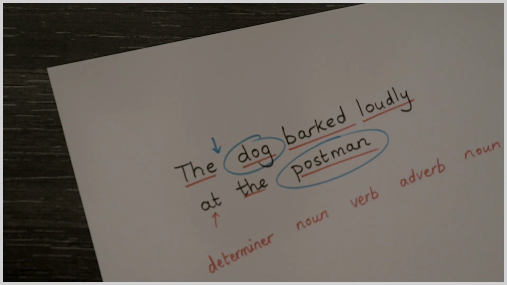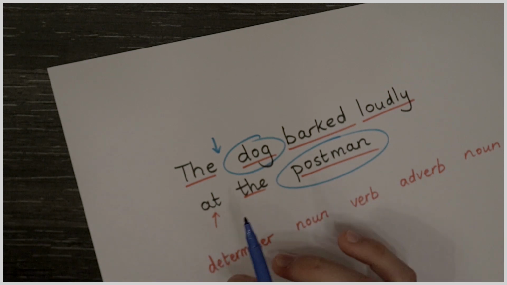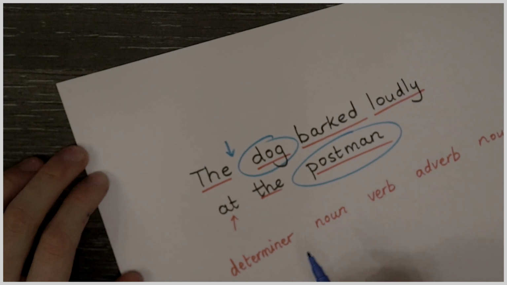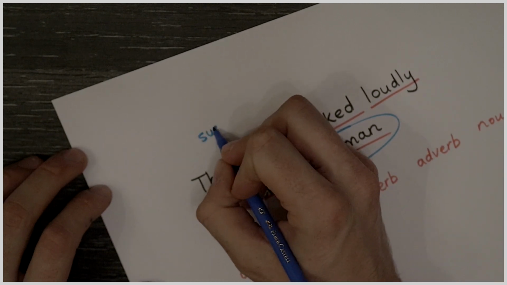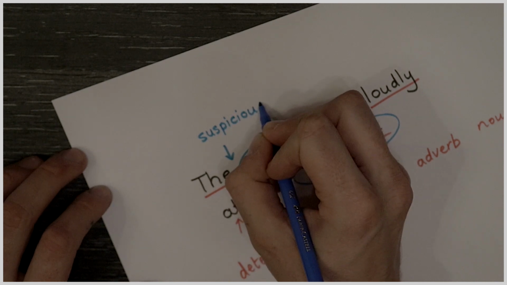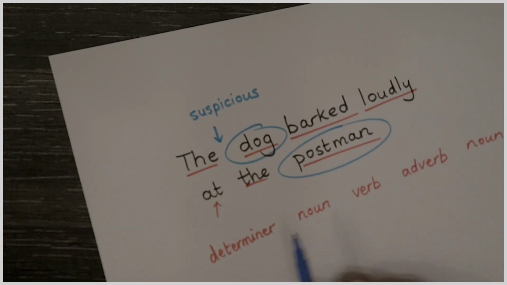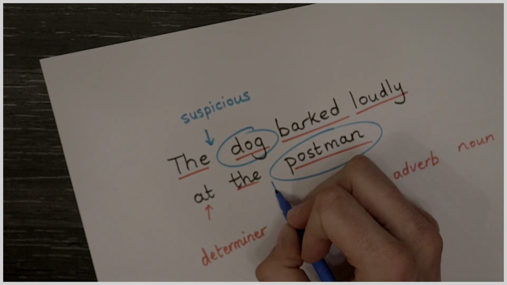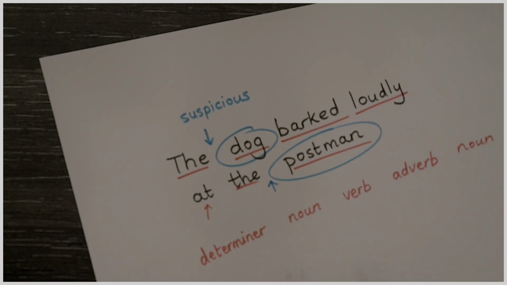Well, we could say it's a big dog, a huge dog, a small dog. Doesn't matter. After a while, the more you read, you will have a bank of adjectives in your head that you will be able to use. I'm going to say suspicious, because that's a lovely way of describing the dog. The suspicious dog barked loudly at the... What kind of postman was it?